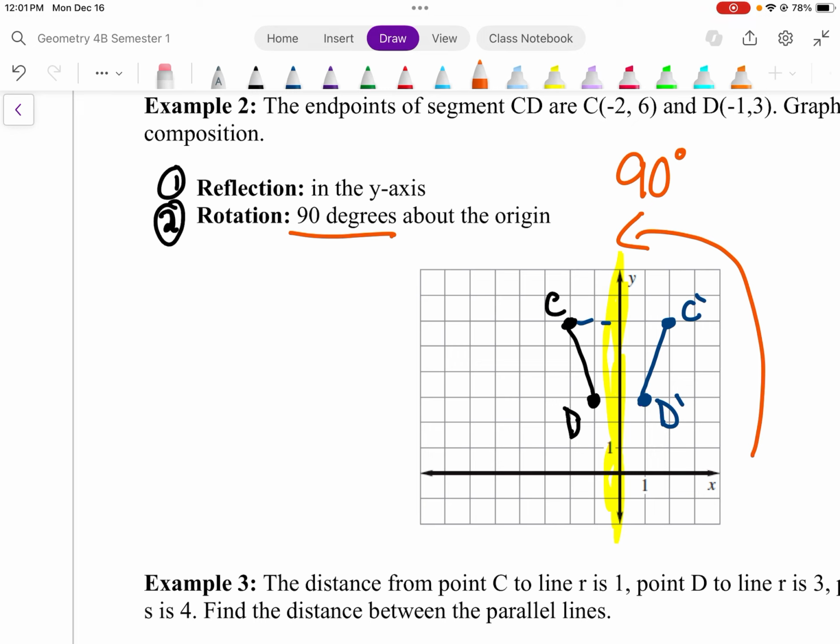So you can put your patty paper on there, trace it and then turn, or you can turn your paper 90 degrees to the left or counterclockwise, and when you do that, you would see that your new coordinate points for D double prime would be -3, 1, and then for C double prime, we would be at -6, 2. Oops, wrote that backwards.